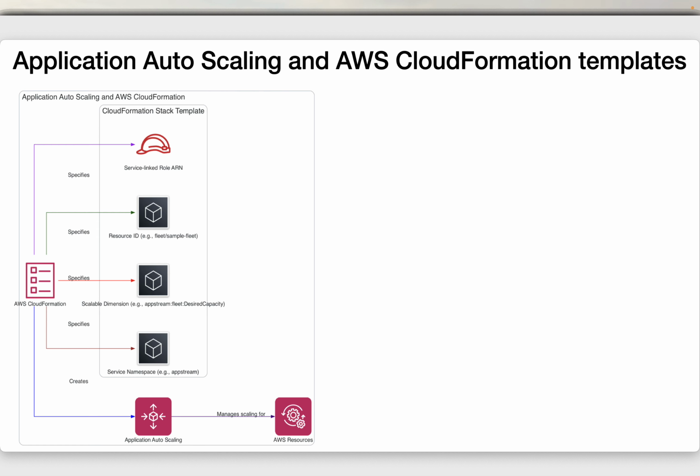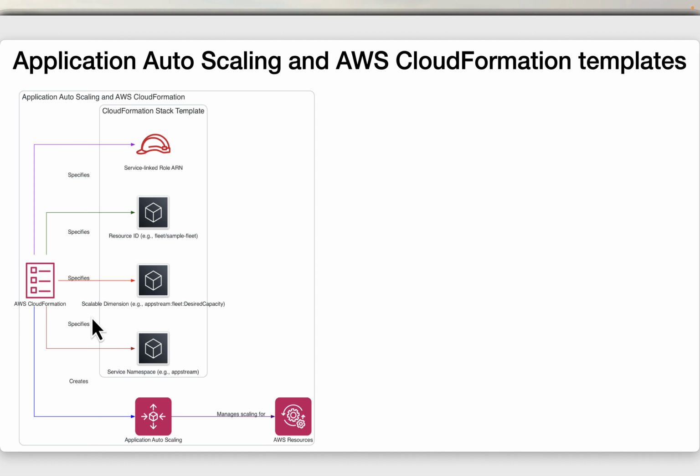Okay, next is application auto scaling and AWS CloudFormation. So this is basically the integration between application auto scaling and CloudFormation. When you provision your resources through AWS CloudFormation templates, there is also a feature to define those application auto scaling values inside those templates.